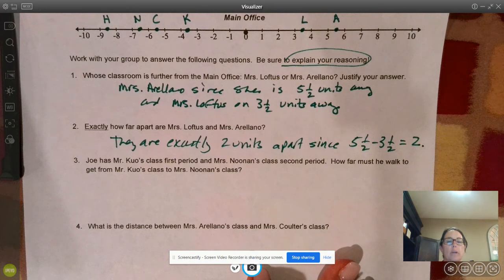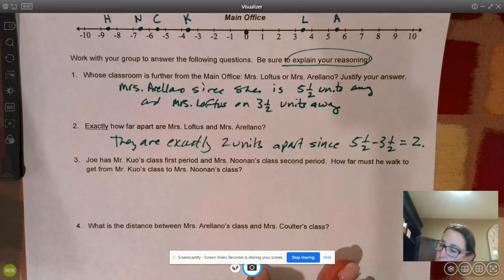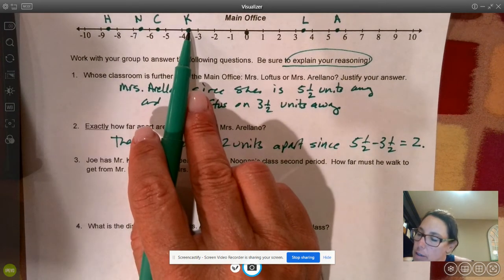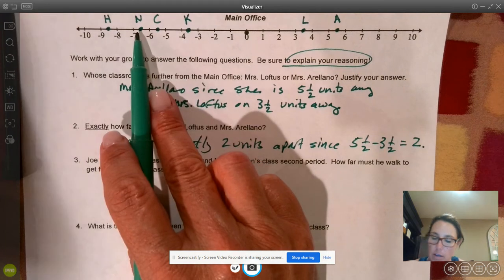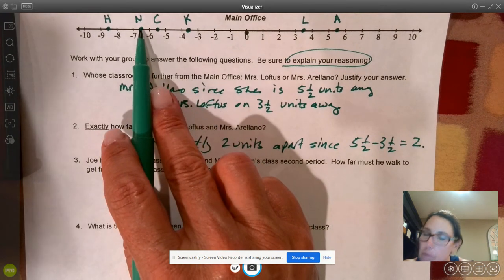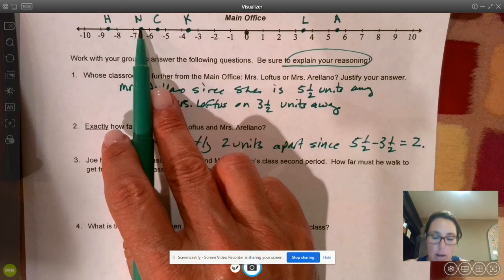All right, number 3, Joe has Mr. Quo's class first period and Noonan's class second period. How far must he walk to get from Quo's to Noonan's? Quo's is here and Noonan's is here. So are we good with 1, 2, 3 units he must walk?